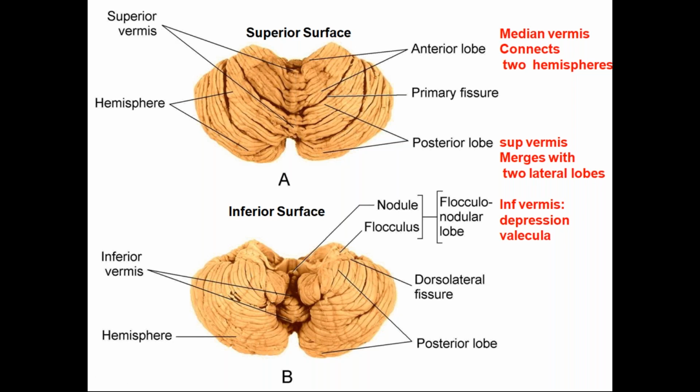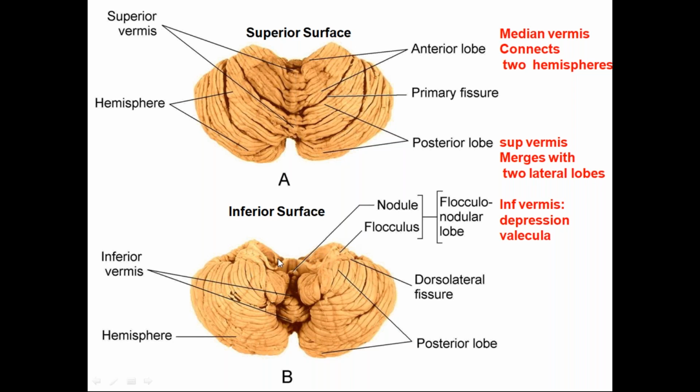In some books you'll find that it is also mentioned as the middle lobe. But I would say posterior lobe for convenience, because I find it more convenient to say that this is the posterior lobe.